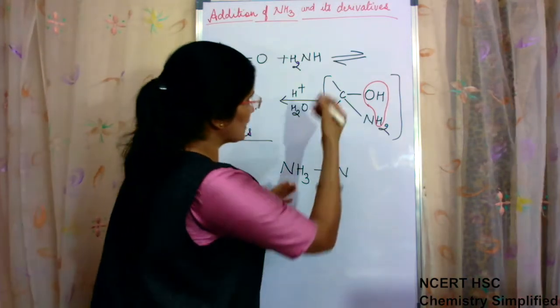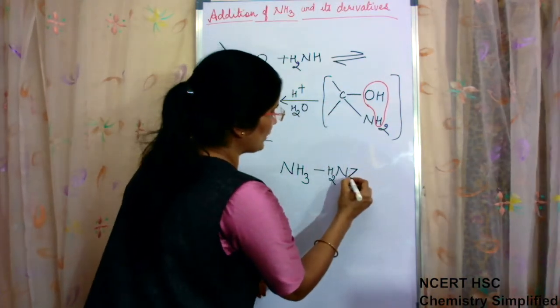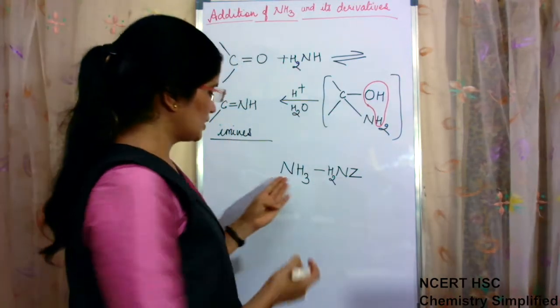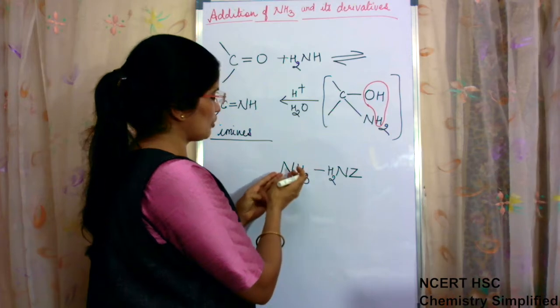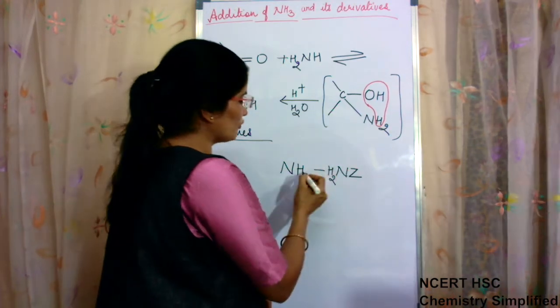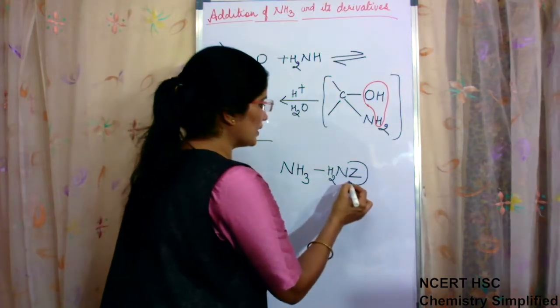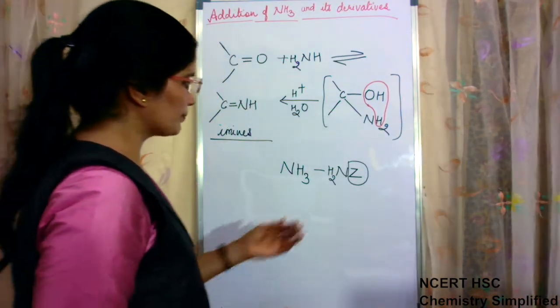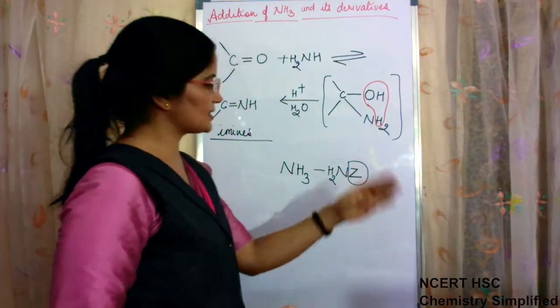So let that replaced atom or molecule be Z. Out of 3 hydrogens of nitrogen, 2 will be there with nitrogen, and one of the hydrogens is replaced by a group, maybe an atom or a molecule, and that we are just naming as Z.